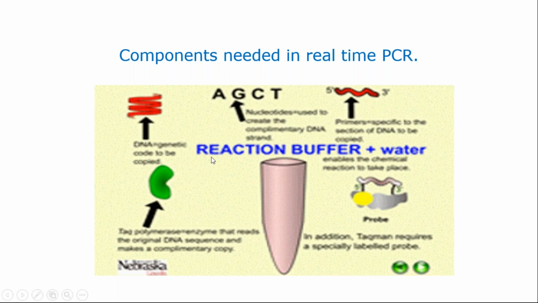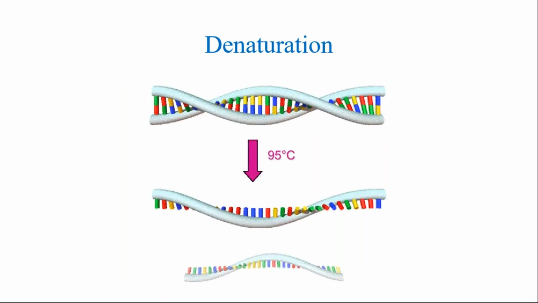In addition to these, unlike the other PCR, it requires a third oligonucleotide, what we call the probe or the fluorogenic probe, which has a reporter dye at one end and a quencher dye at the other end. So how does real-time PCR take place? So initially you see this is your DNA template.